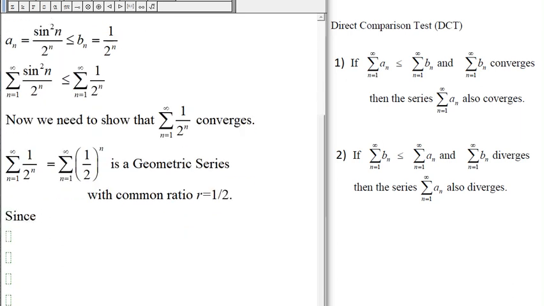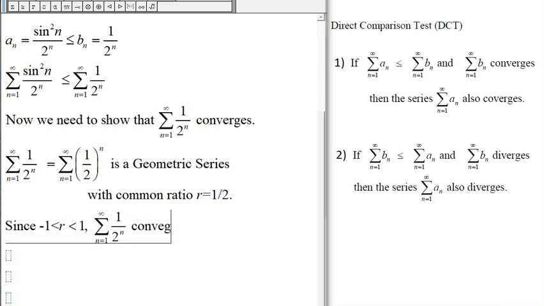And since we have r is between -1 and 1, this series converges by geometric series test.